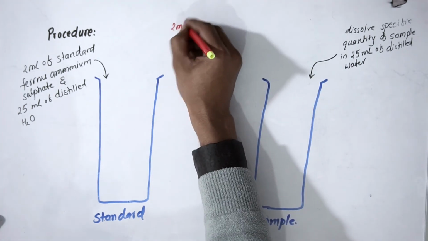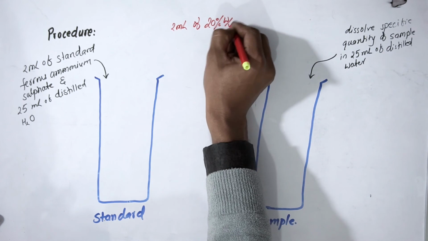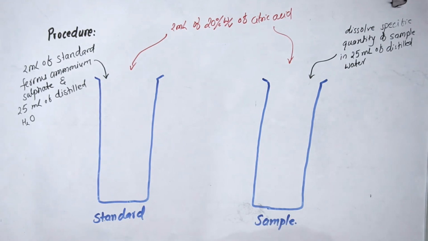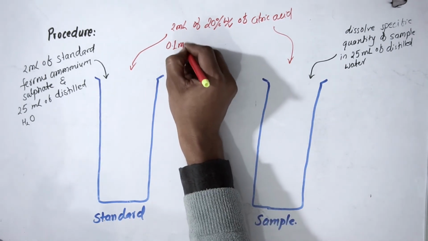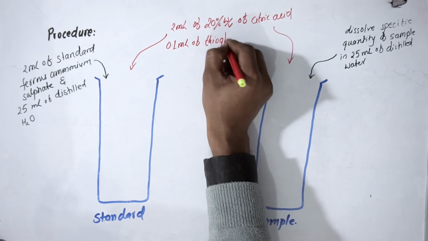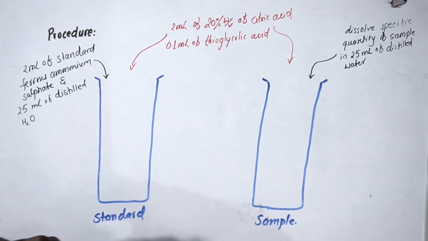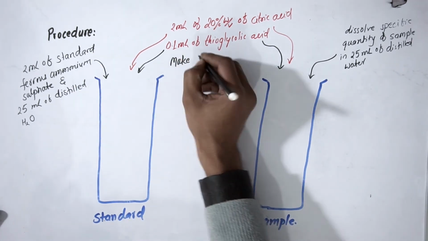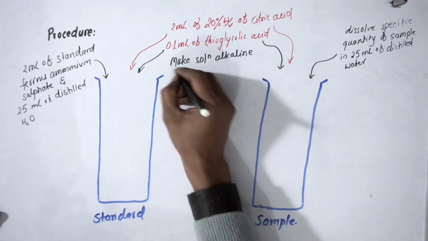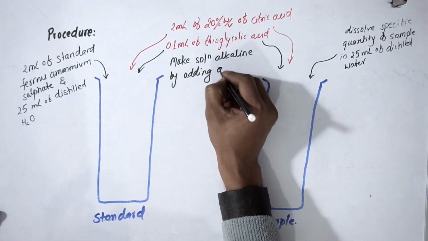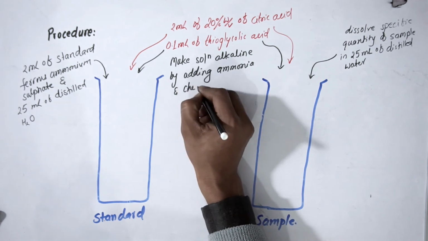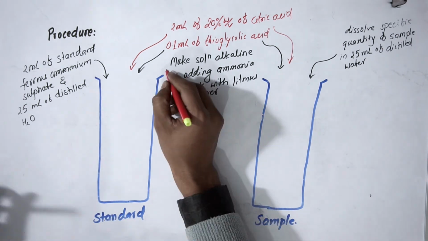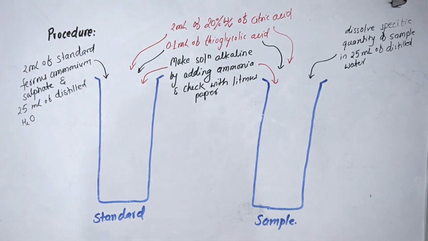After that we are going to add 2 ml of 20% weight by volume citric acid to both Nessler cylinders, and then add 0.1 ml of thioglycolic acid in both Nessler cylinders. Then we are going to make the solution alkaline by adding ammonia, and check it with litmus paper to confirm whether the solution has become alkaline or not.